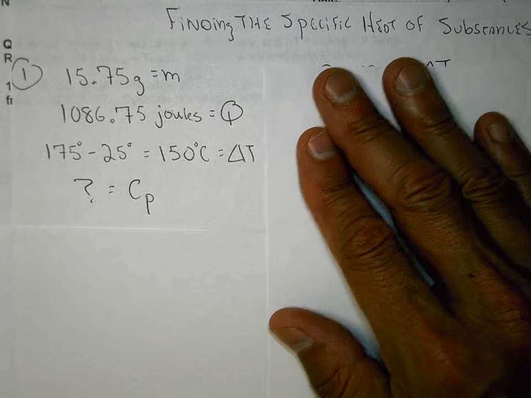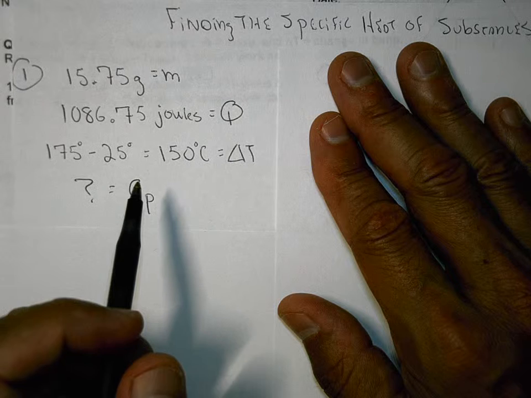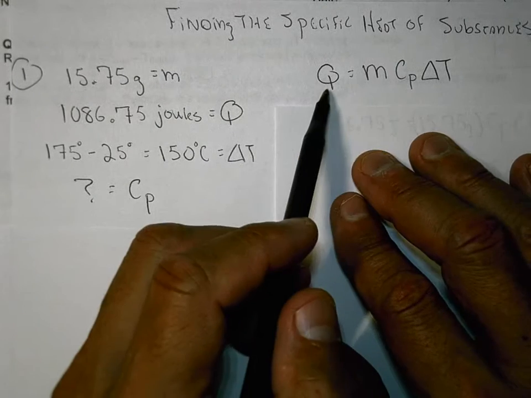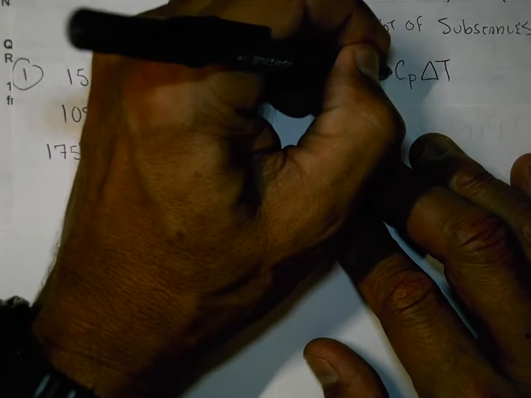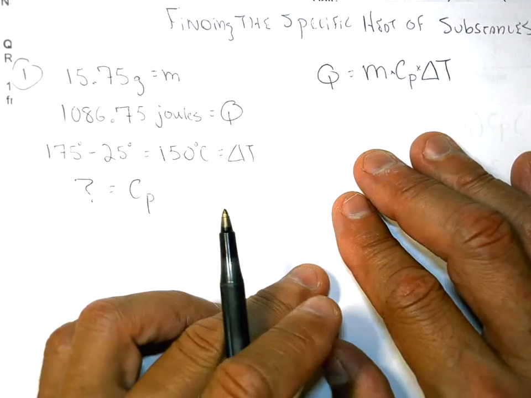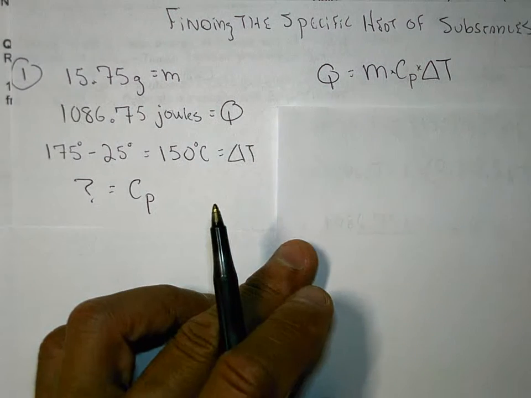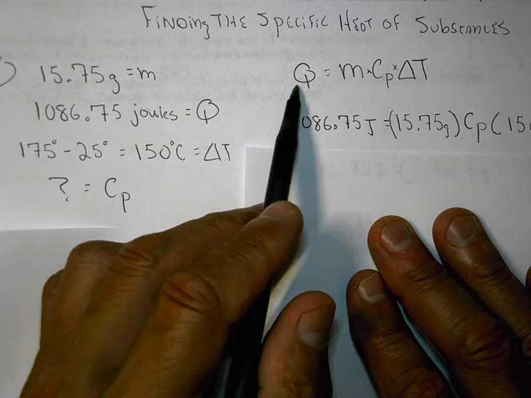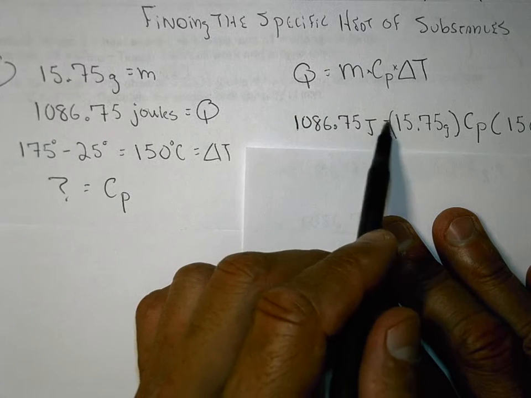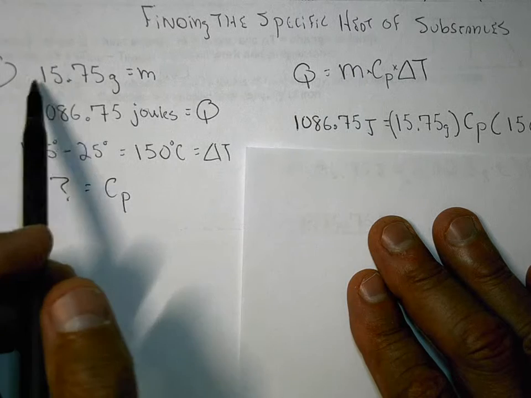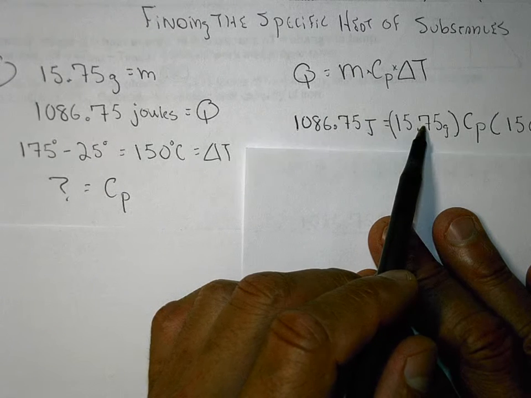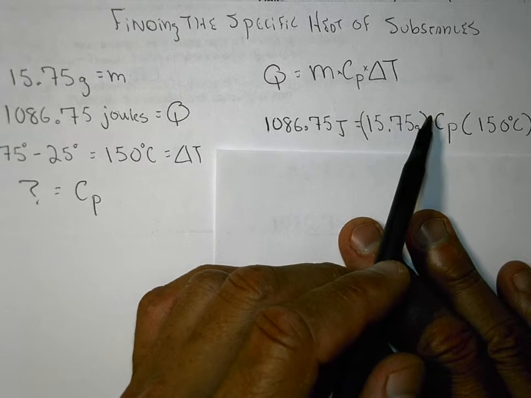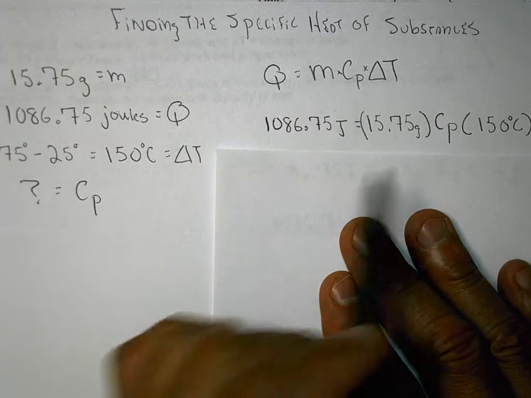Now we're trying to find the specific heat given these values. So we're going to use Q equals m times Cp times delta T. We plug in our values here. Q is equal to this number, equals the mass, 15.75, times the specific heat, which we don't know, so we just put capital C lowercase p, times delta T, which is 150.